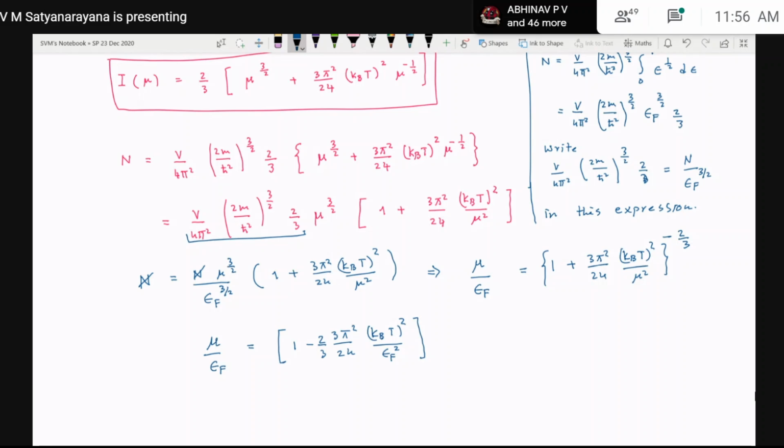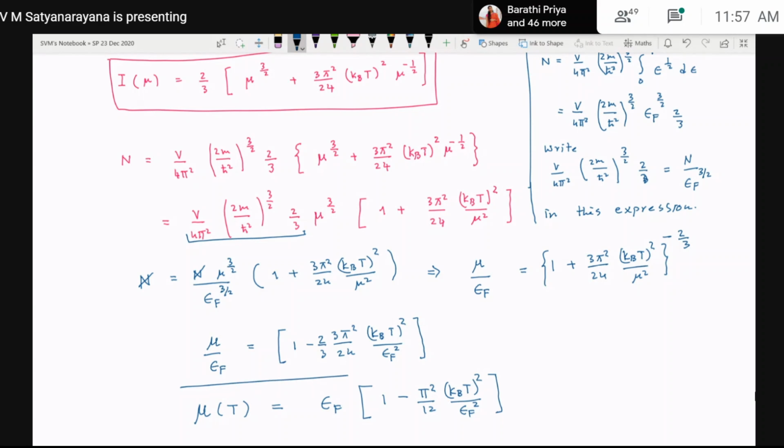If I write like this, then I will get an expression for the temperature dependence of this mu, which is equal to epsilon f into 1 minus pi square by 12 into (kBT) the whole square by epsilon f square.